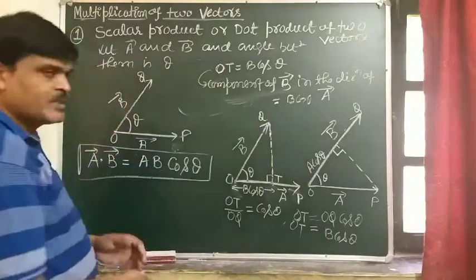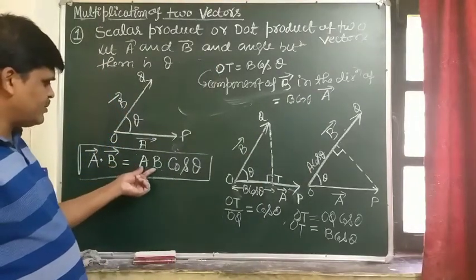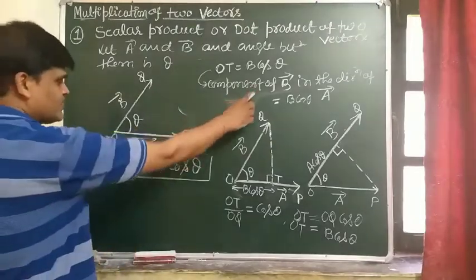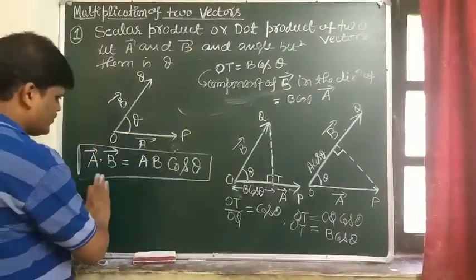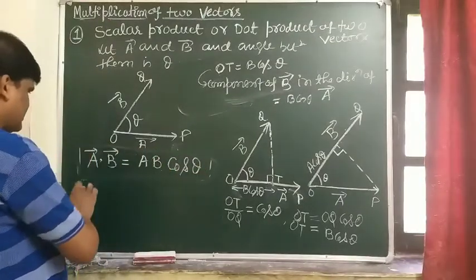So student, the scalar product of vector A dot vector B is AB cos theta. So this formula can also be written in this form.